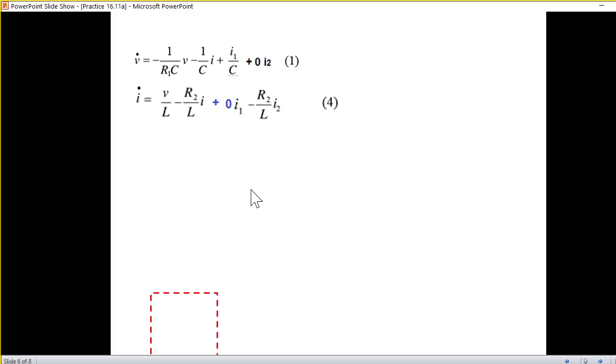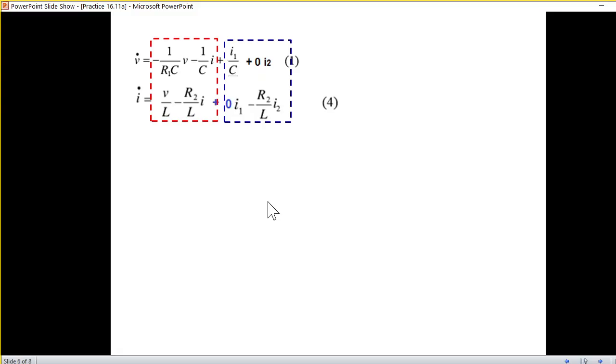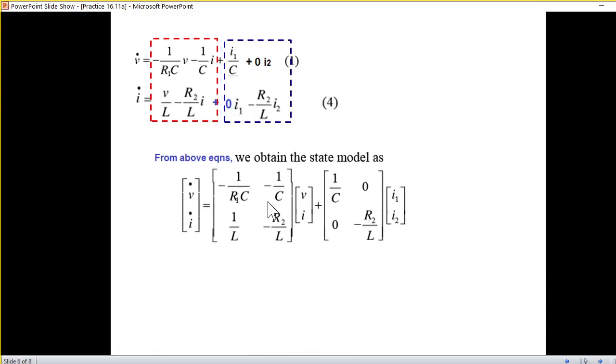And from here now we can write in matrix form. This is the state part and this is the output part. Okay, so the input and then the coefficients, and then we write the V and I variables.